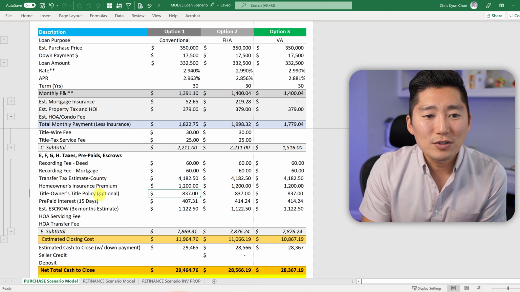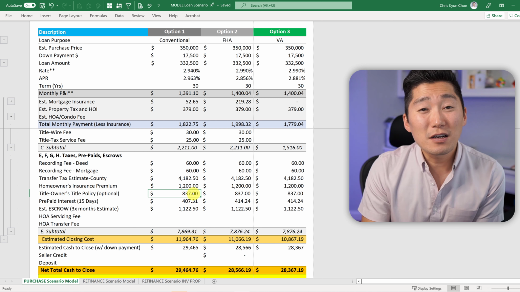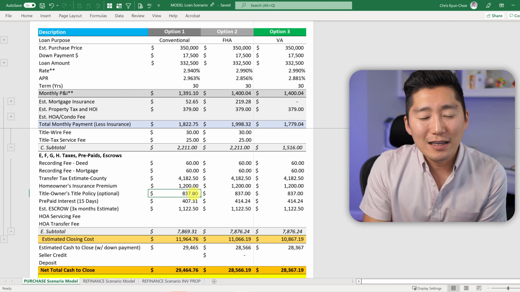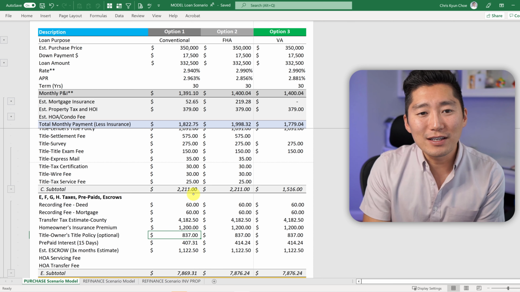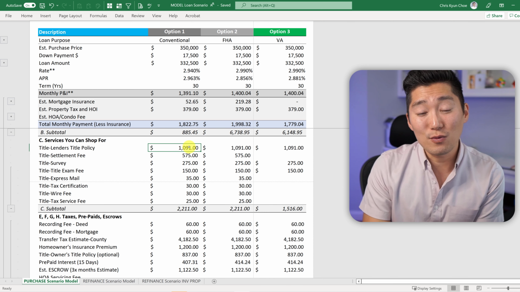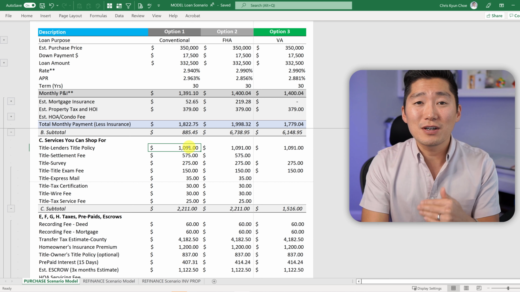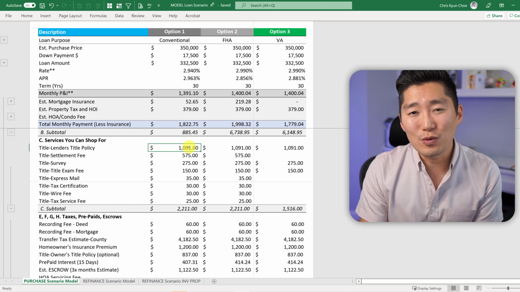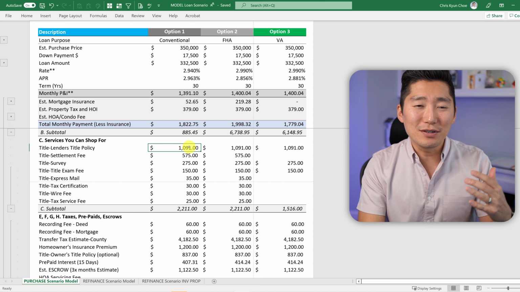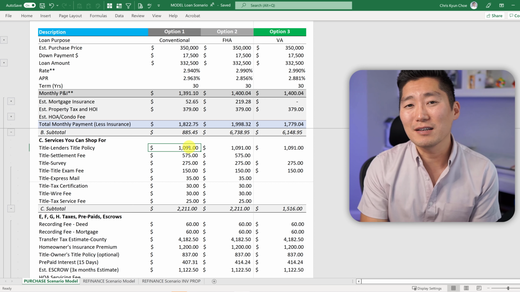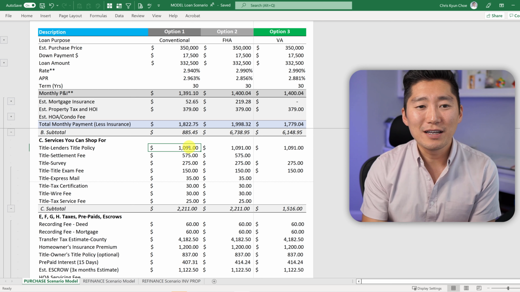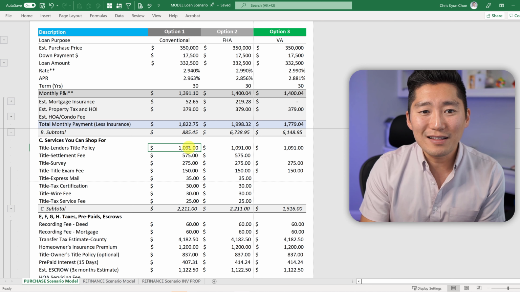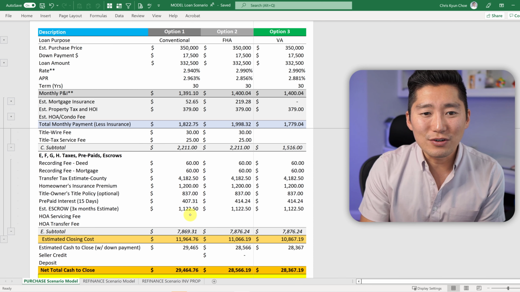And then title, so the owner's title policy. This covers you. The simplest way to think about it is, if the lender thinks it's worth it for this transaction to cover themselves, I think it would be worth it for you. A $5 billion, $10 billion, $50 billion company, let's say like Rocket Mortgage or United Wholesale or even a big bank, if they feel it's important to get this, I think you should consider getting it for yourself.